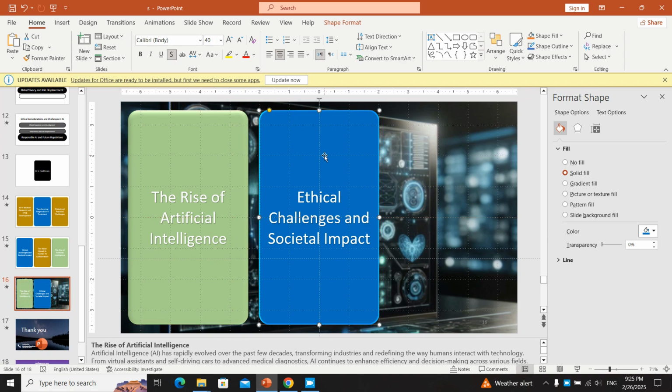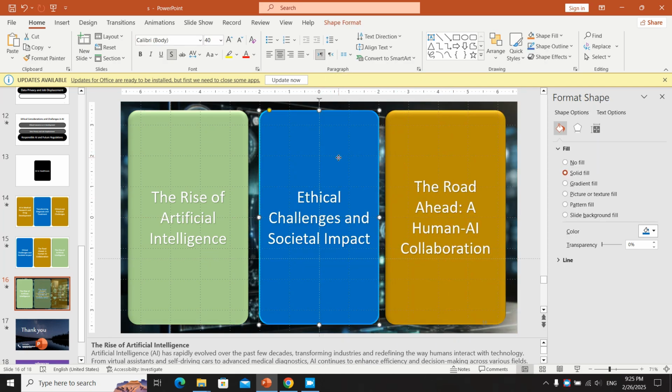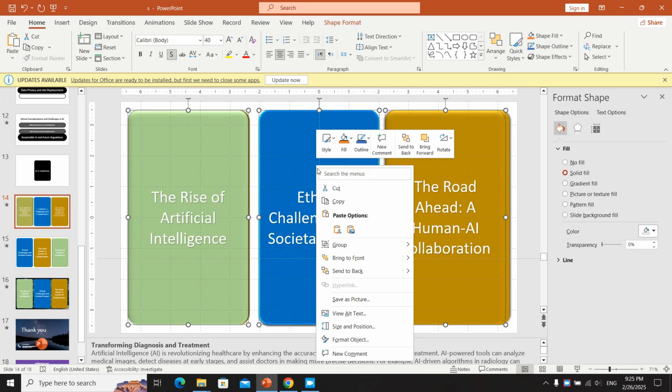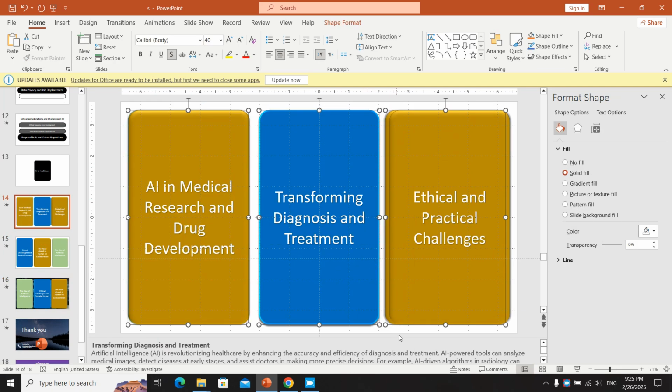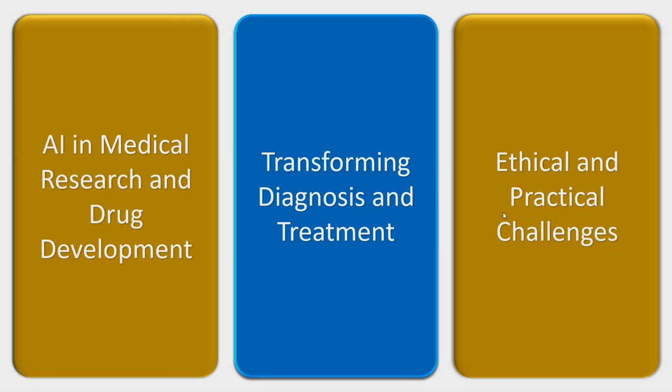Let me show you what I mean. Okay, I need to send it back. Now all good. We copy them and paste them here and send them back. We just need to do some modification. Now it's ready. Let's see how the transition works.